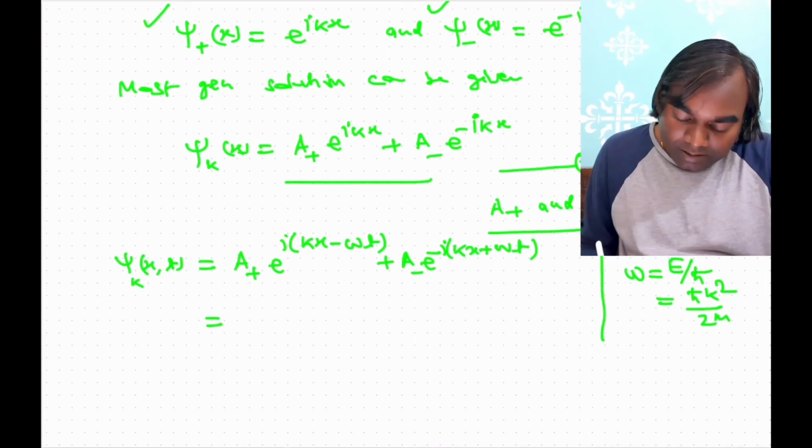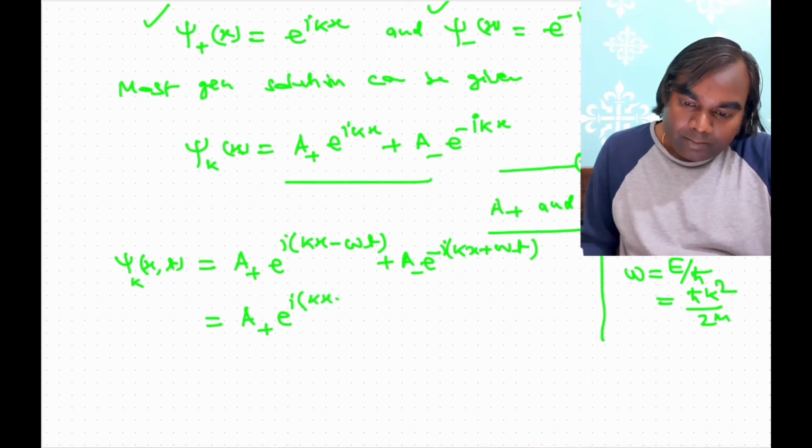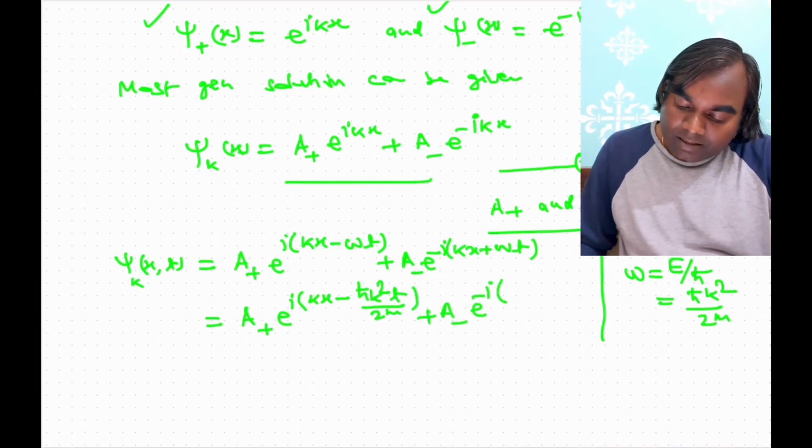So this can be written as A+ e^(i(kx − ħk²t/2m)) + A− e^(−i(kx + ħk²t/2m)).